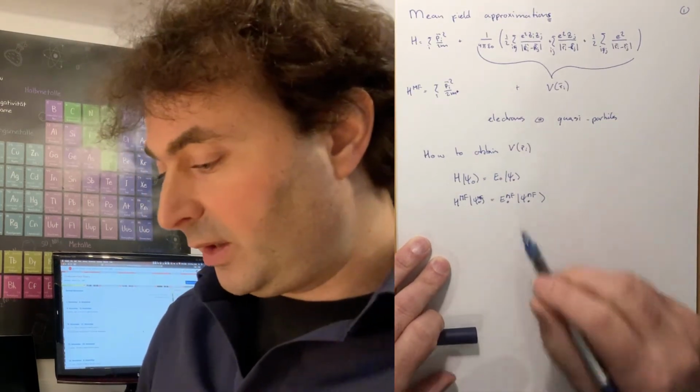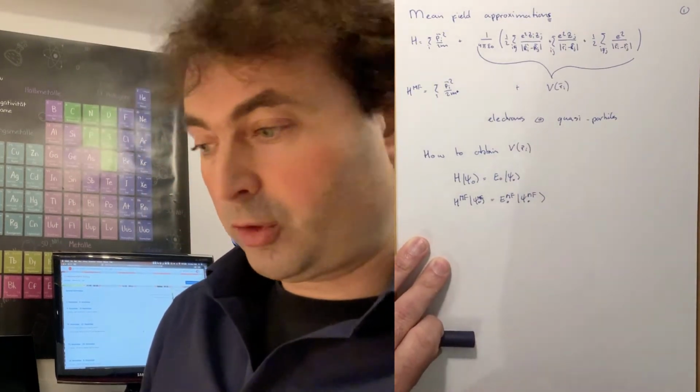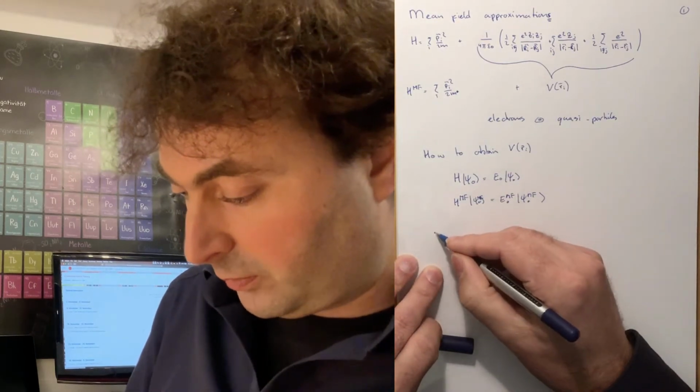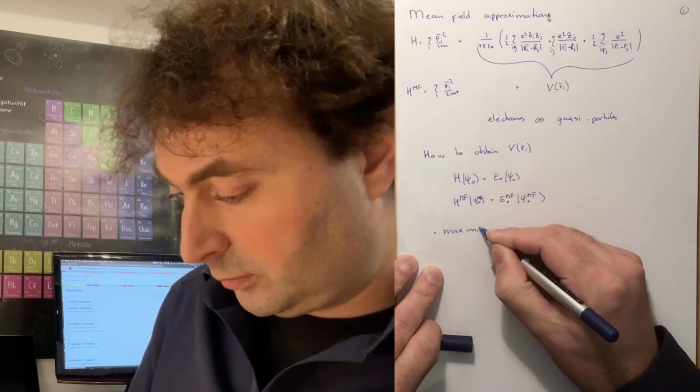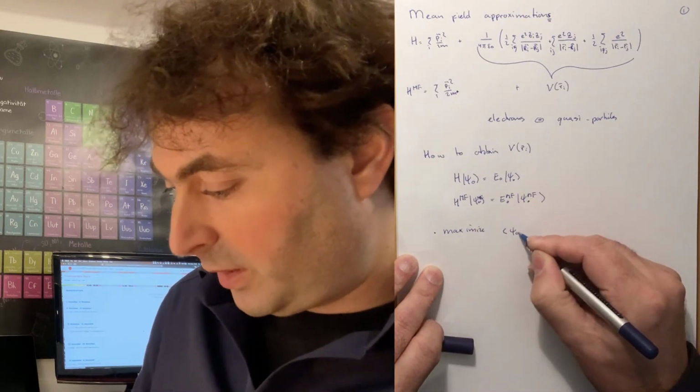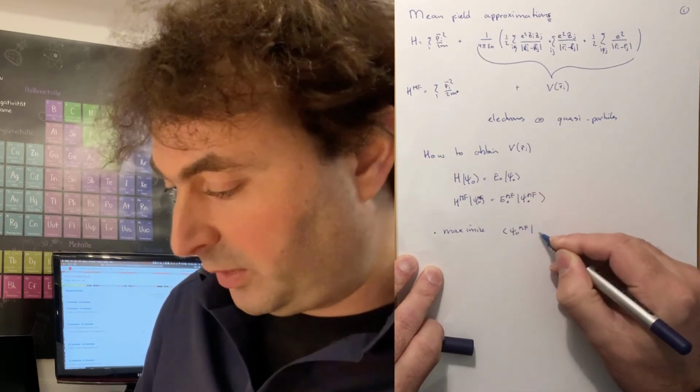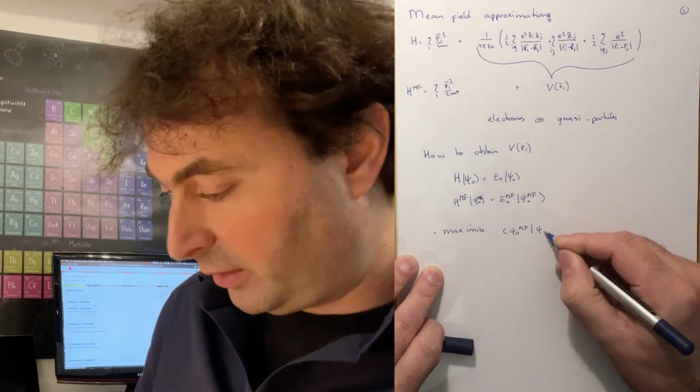Now we can define our potential such that, for example, we maximize the overlap between our mean field ground state and our many-body ground state.